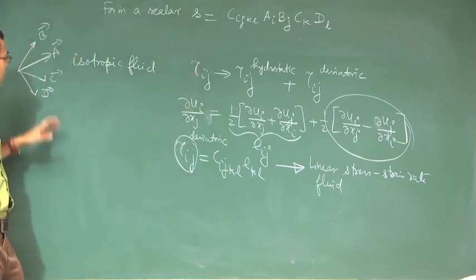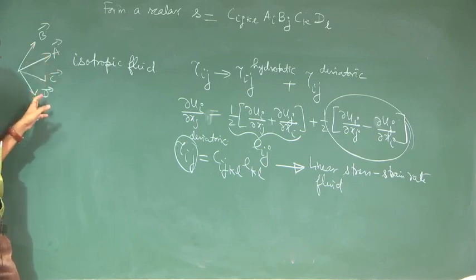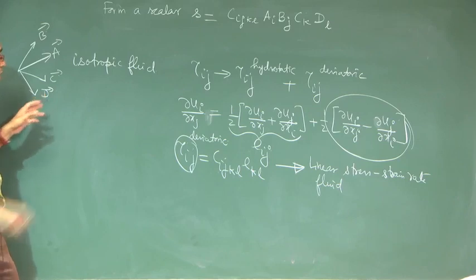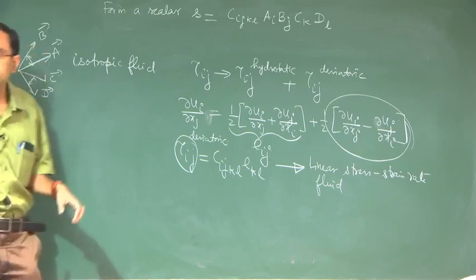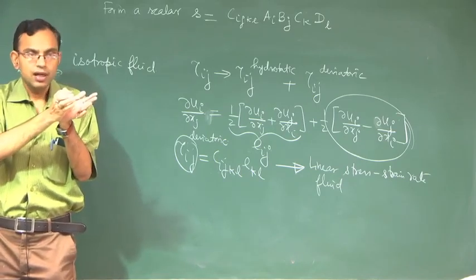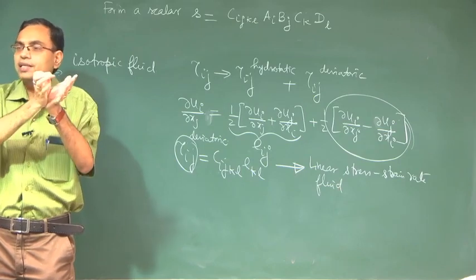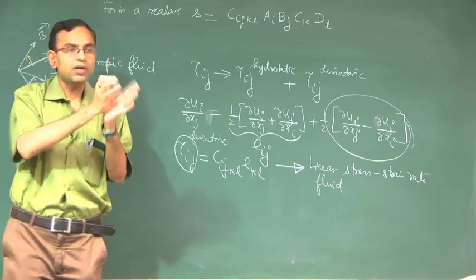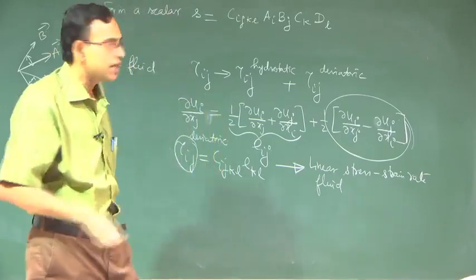That means the orientations of the axis A, B, C, D are not that important. What will remain important? The angle between them will remain important, because that is what is preserved even after rotation. After rotation, the absolute orientation changes, but the relative orientation, that is the angle between two vectors, remains conserved.